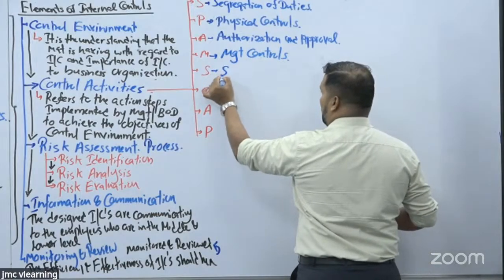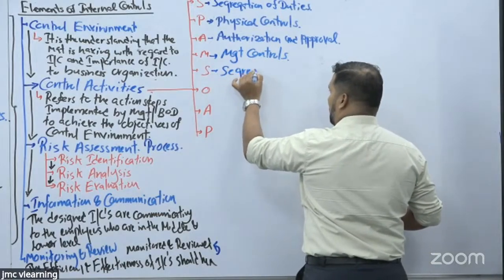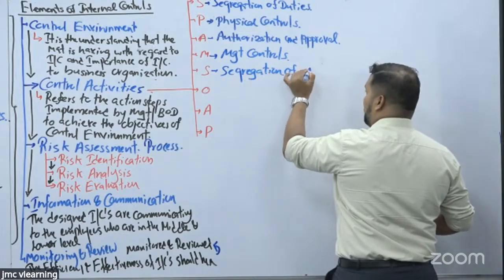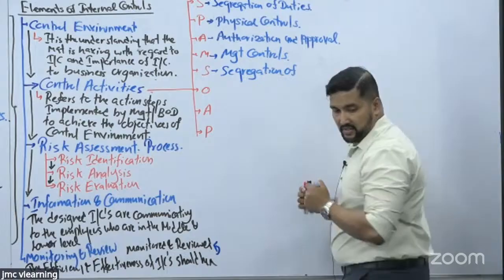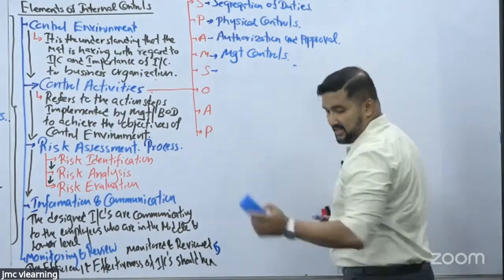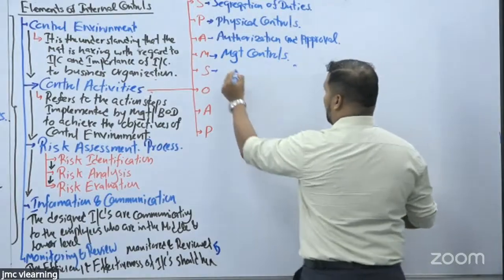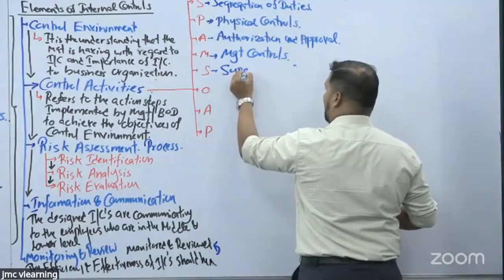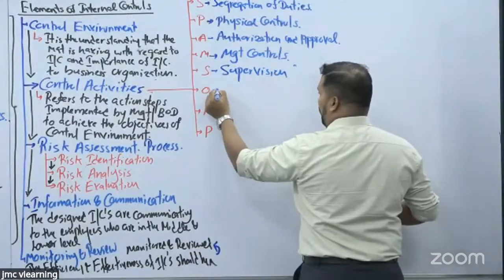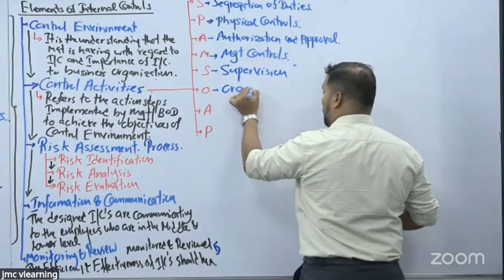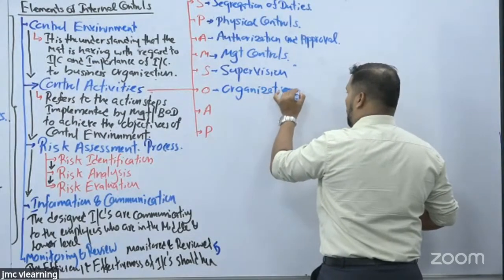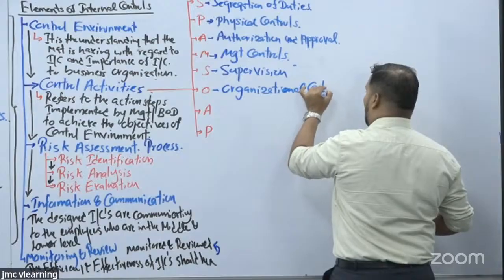S stands for supervision. O stands for organizational controls.